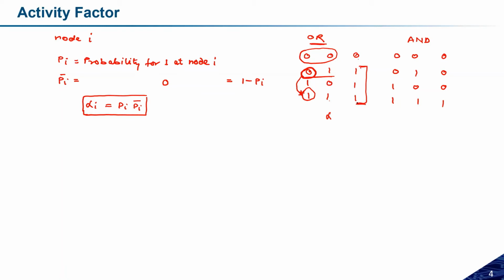So the switching probability comes into the picture when we have more inputs. Let me repeat what I'm saying. Suppose I have a simple OR gate with inputs A, B and output Y. Now what will happen if both the inputs are 0?